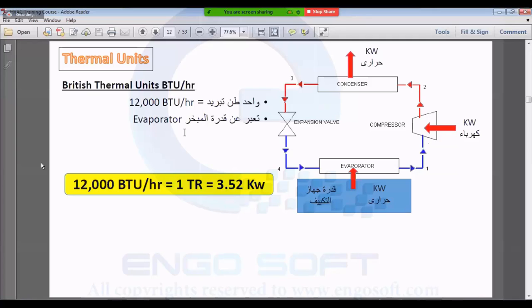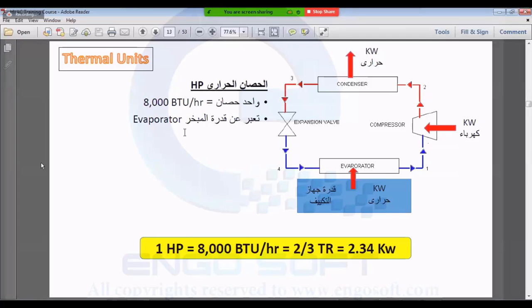So 1 horsepower is equal to 8,000 BTU per hour, which is 2/3 ton refrigerant. If you multiply 2/3 by 3.52, it gets to about 2.34 kilowatt.